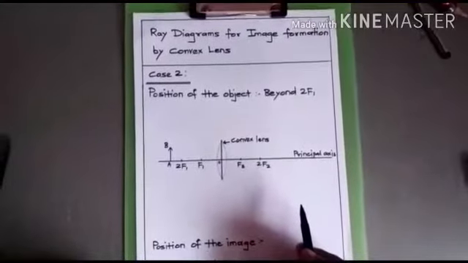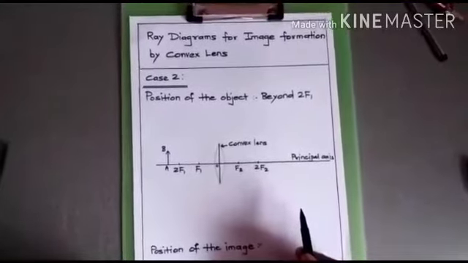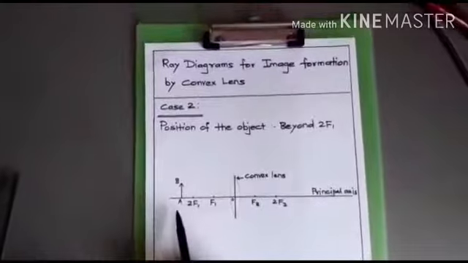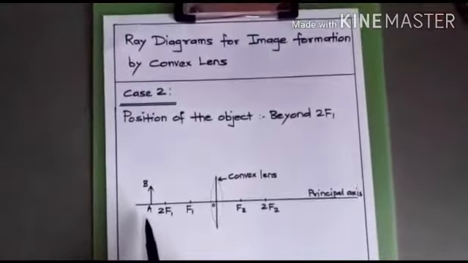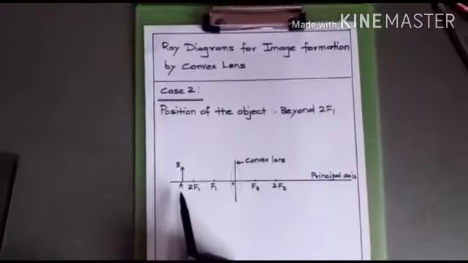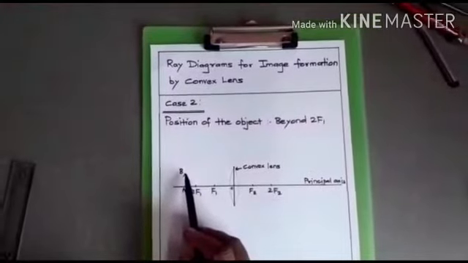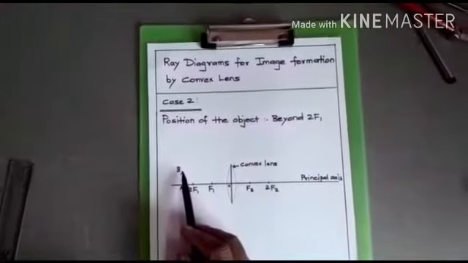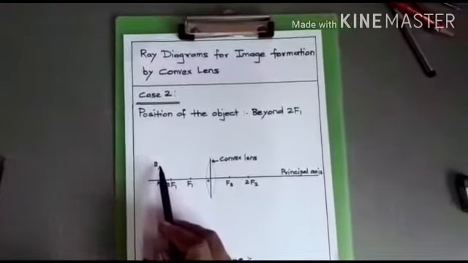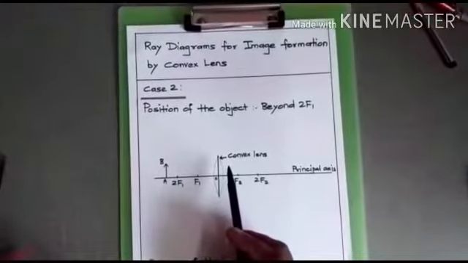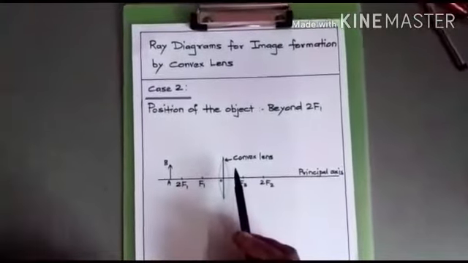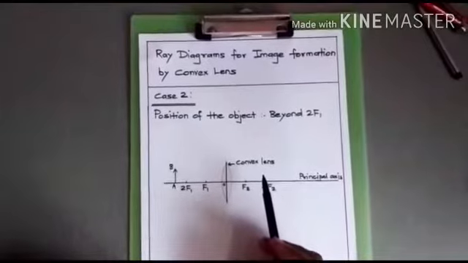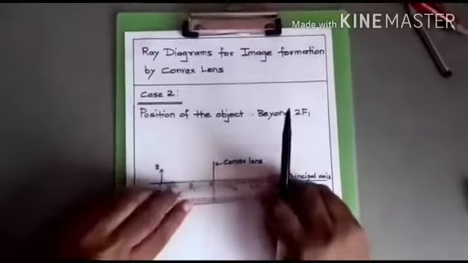Case 2. Position of the object beyond 2F1. Note that you need to consider the rays from the top of the object. Let us use rule 1. When the incident ray is parallel to the principal axis, the refracted ray passes through the principal focus.